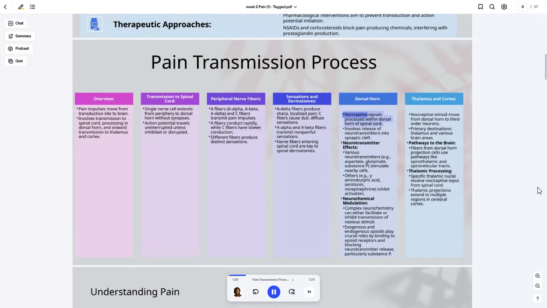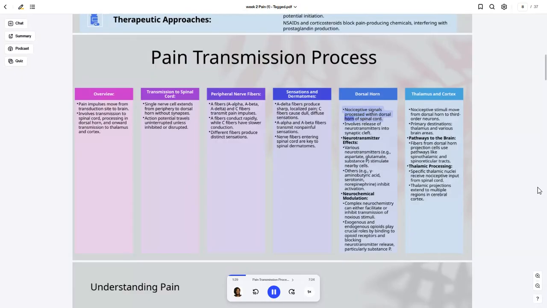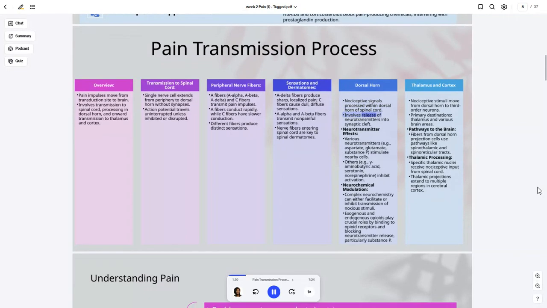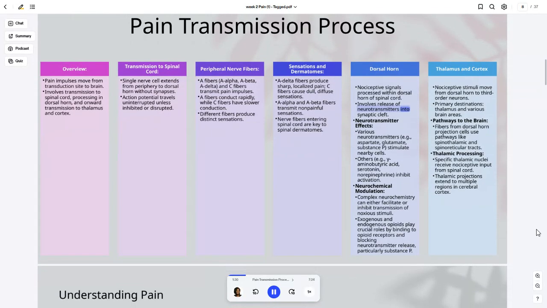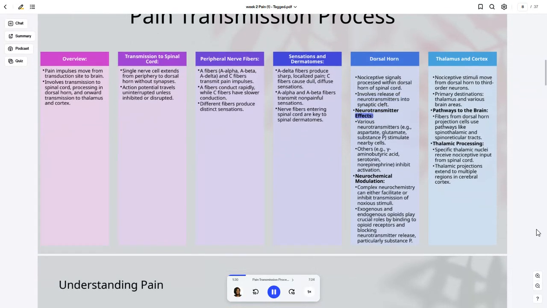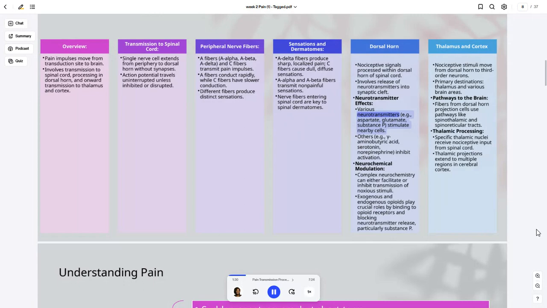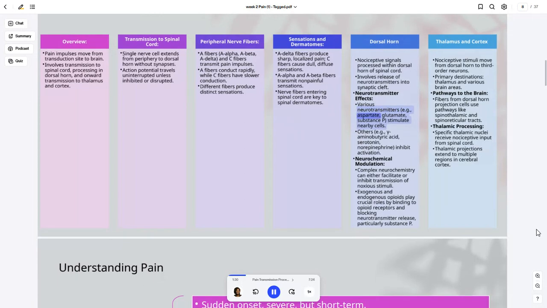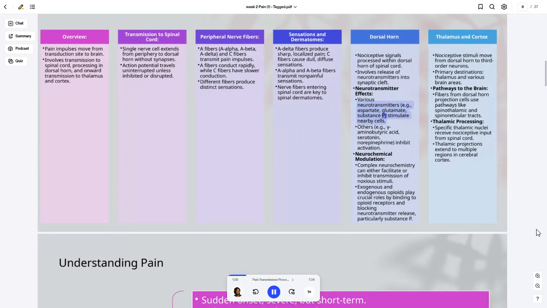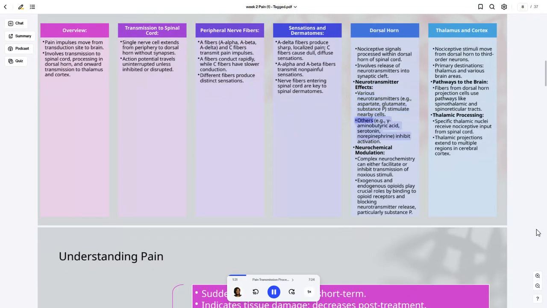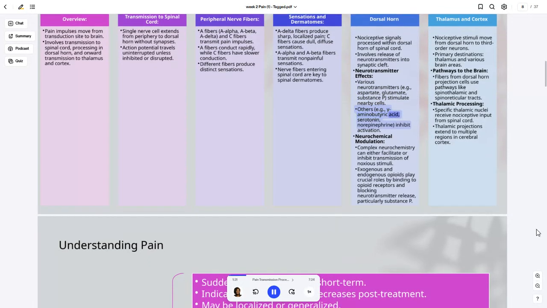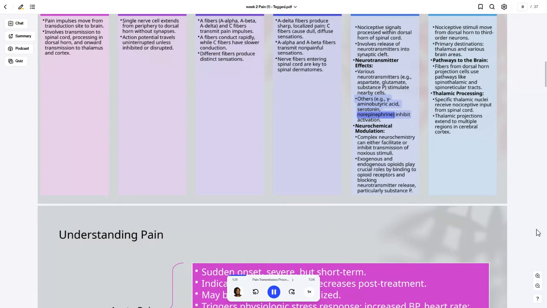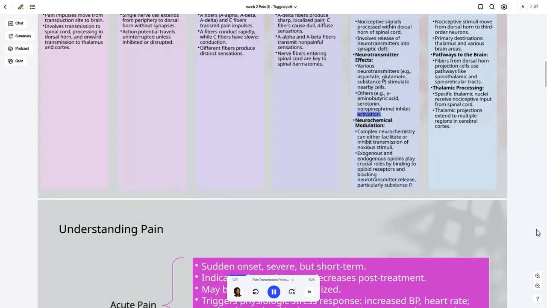Nociceptive signals are processed within the dorsal horn of the spinal cord, which involves release of neurotransmitters into the synaptic cleft. Neurotransmitter effects: various neurotransmitters, for example aspartate, glutamate, and substance P, stimulate nearby cells. Others, for example gamma-aminobutyric acid, serotonin, and norepinephrine, inhibit activation.